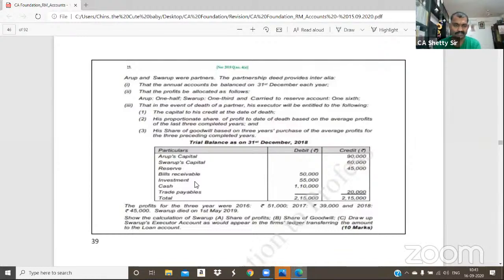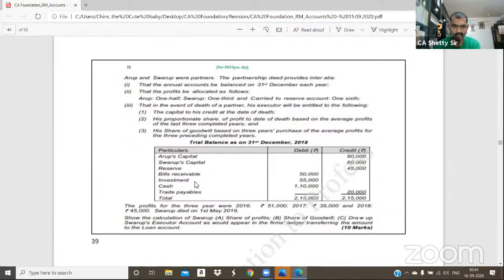Partners A and S. Don't put triple S, A and S: Arup and Swaroop. Profit sharing. Left side to capital. One by one: A's 1/2 is equal to 3/6.